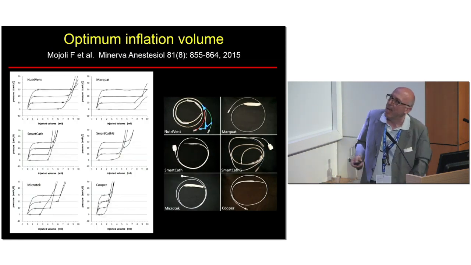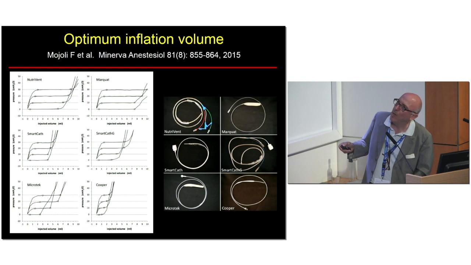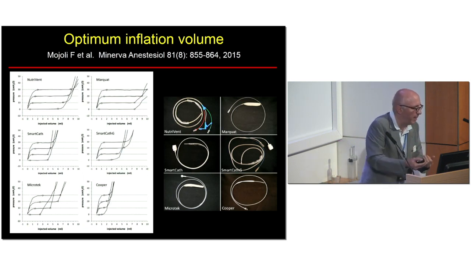Now, a very nice study from Francesco Mojoli in Italy. Here you have different catheters, always with a balloon. Here you see the compliance of the catheter, performed at different levels of pressure, so lower levels of PEEP or higher levels of PEEP.